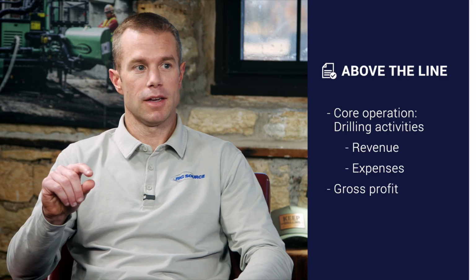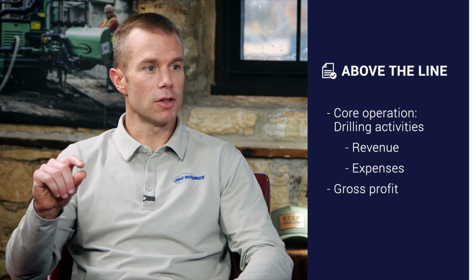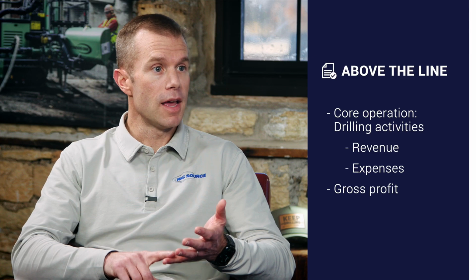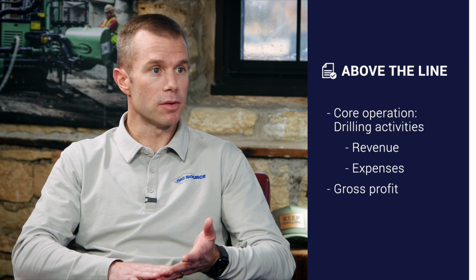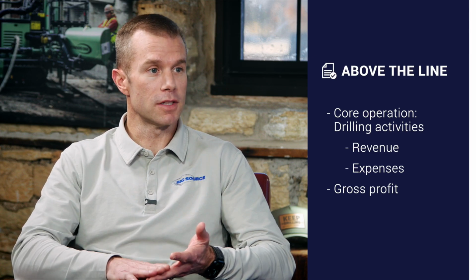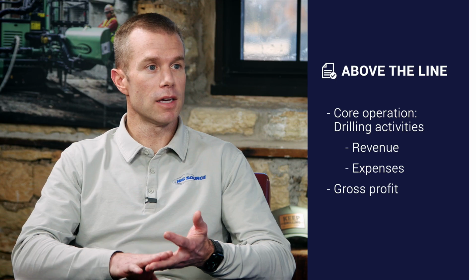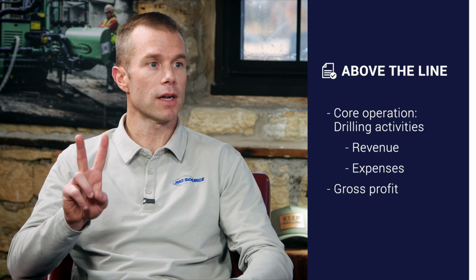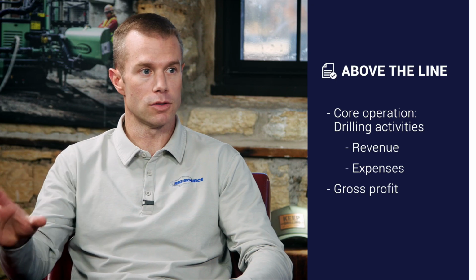Top line is a very important number to look at, right? Because am I quoting properly, right? Am I using manpower properly? Is the business running efficiently? Above the line tells you those key things because it only looks at two things and they're directly related to your activities in the drilling business.